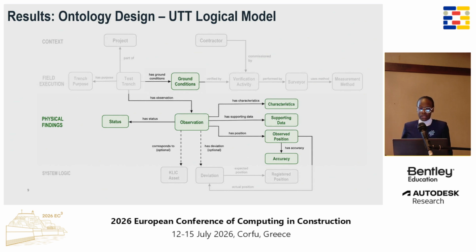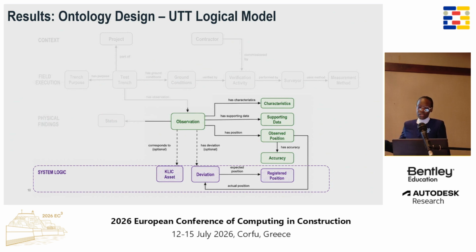We also work in the triples to make sure that any observation made from the test trenches has its supporting data, in terms of the point cloud, PDF or photos. We also ensure that we have the observed position, which is the innovation that we are trying to bring into this project, to ensure that we have the 3D observation.